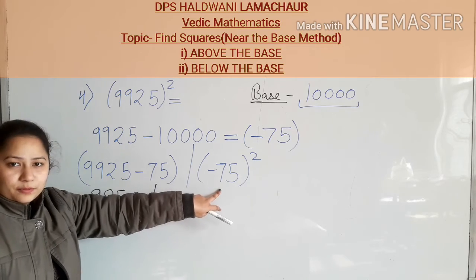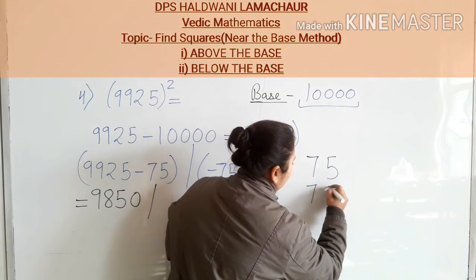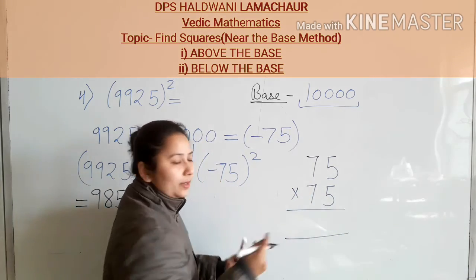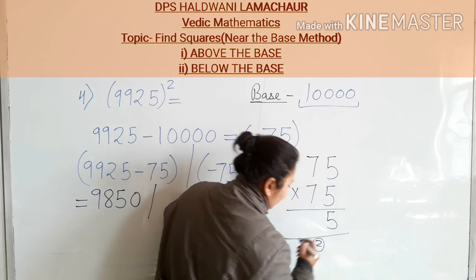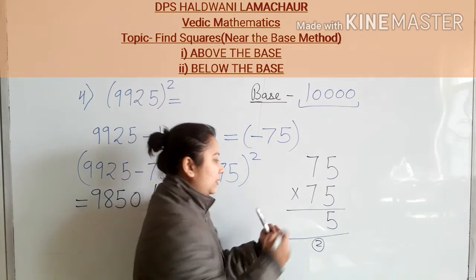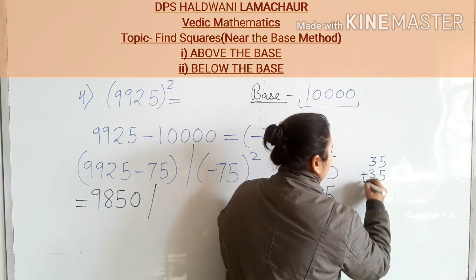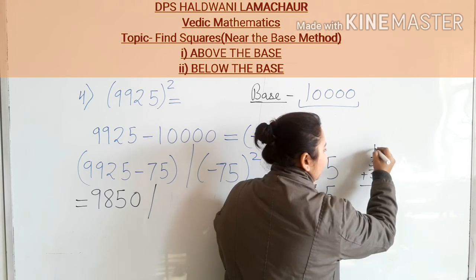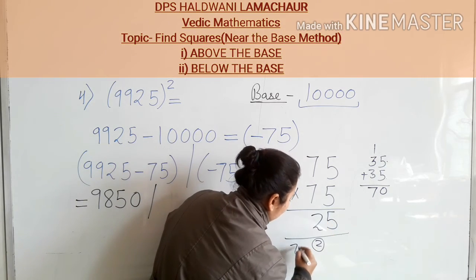Now the square of 75. Again for squaring I am using the 2-digit multiplication method. Now 5 5s are 25. 5 here, 2 will go carry. 7 5s are 35, 7 5s are 35. So 35 plus 35. 5 plus 5, 10, 0 here. 1 will carry. 3 plus 3, 6. 6 plus 1, 7. 70 plus 2, 72. 2 here, 7 will go carry.